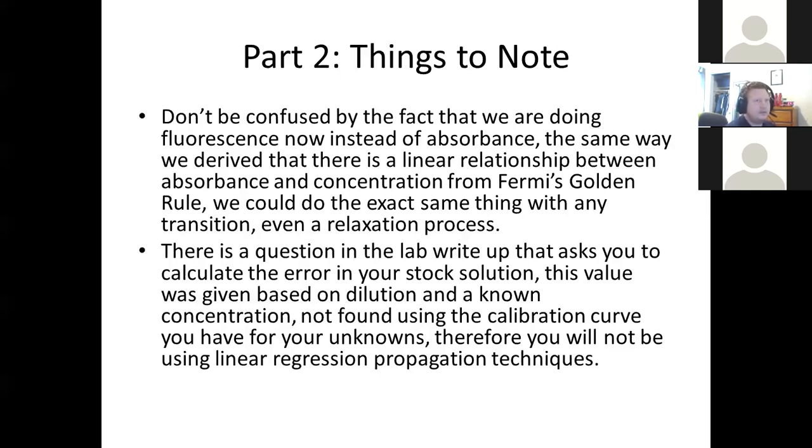I know there's a lot of different ways that we propagated error throughout the class, and this is a lot simpler than the ways that you've done it. It's probably also the kind of way to propagate error that you'll use the least in actual research. But I believe this lab was originally created for a Chem 1A course, so it's not quite as advanced level as most of the stuff you've been doing.